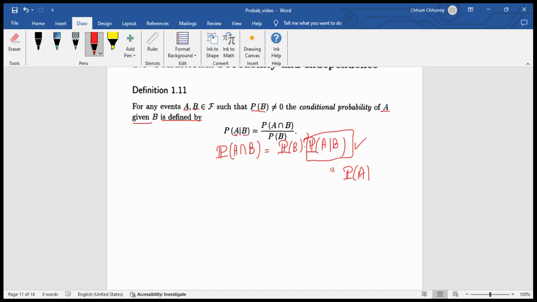But if A and B are not independent, we still use this identity: the probability of A intersect B is equal to the probability of B multiplied with this probability, not this one.